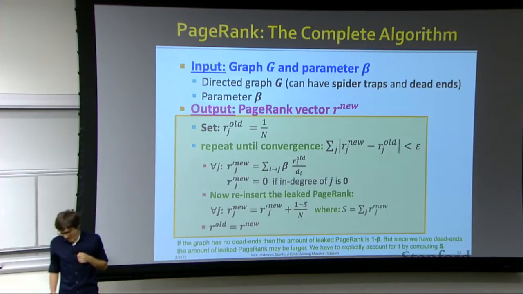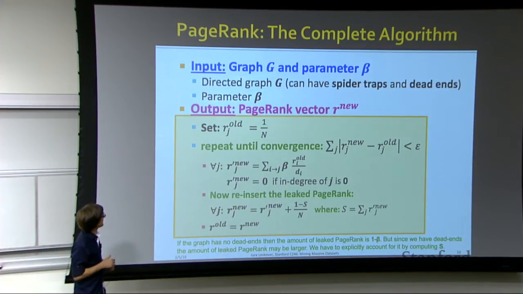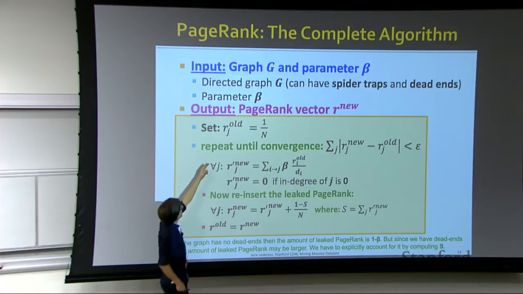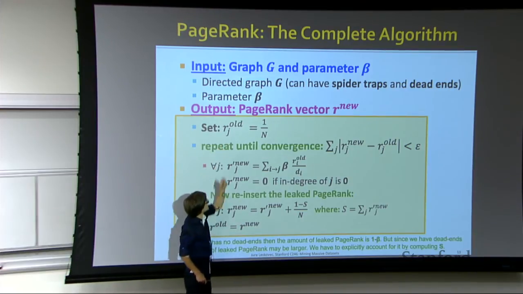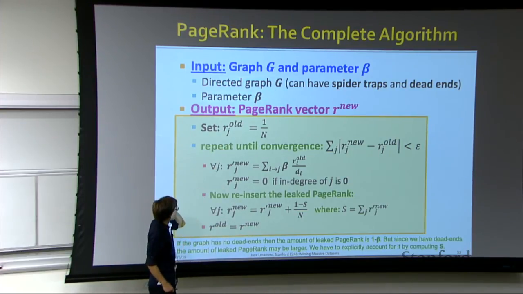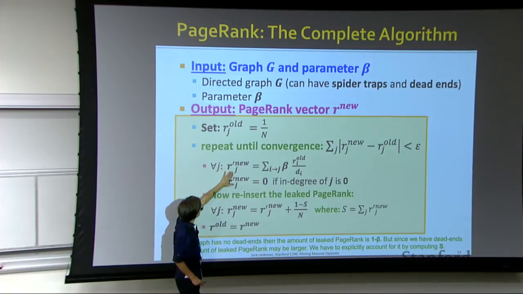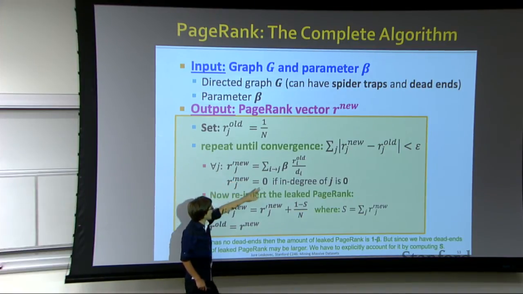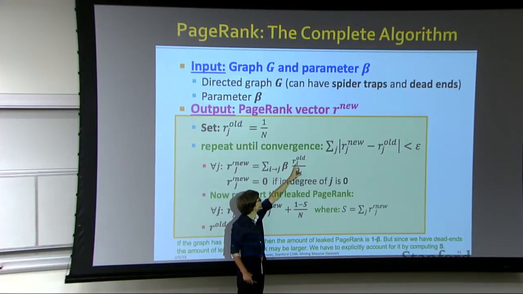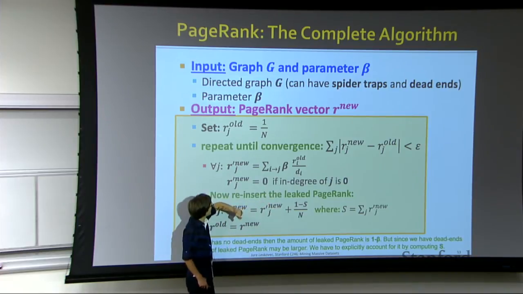Here is now the full PageRank algorithm where I initialize my r, I will call it r old. Then for every node j, I take the importances of the nodes that point to it, sum them up, divide by the out-degree, multiply by beta, and this is now the new r.